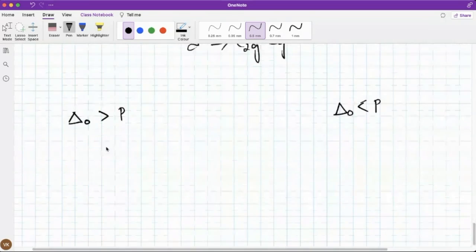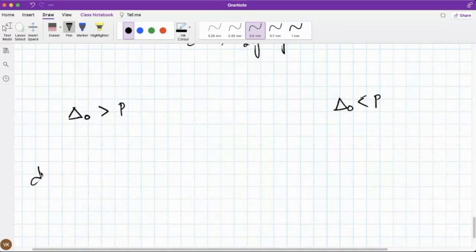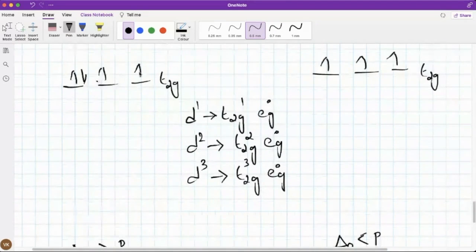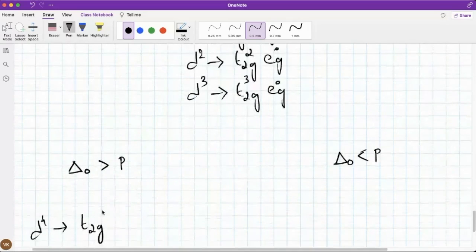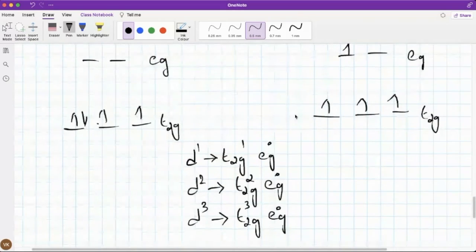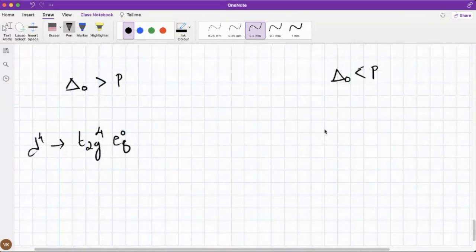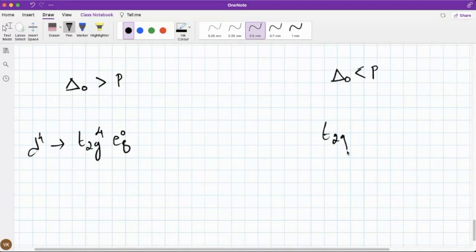Here D4 is written as T2G4, EG0. Here it is T2G3, EG1 for D4.